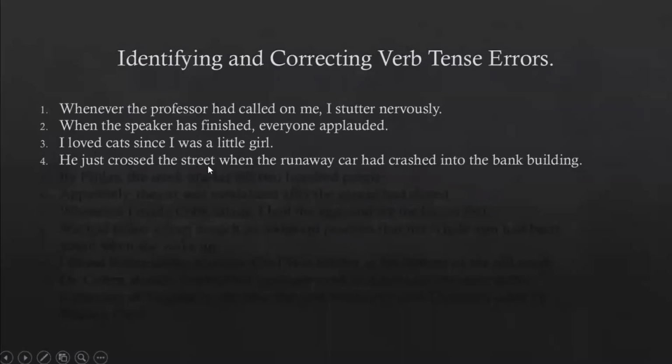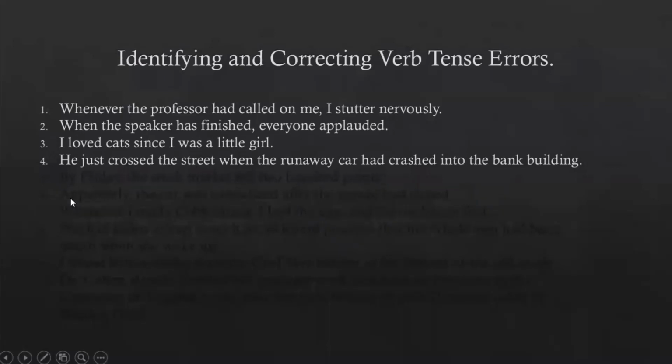Did the crossing of the street happen first, or did the crashing into the building happen first? In this case, it's the crossing of the street. He crossed the street, then the car crashed into the bank building. So this has been marked as a past perfect, and it's the wrong one. It should be, he had just crossed the street when the runaway car crashed into the bank building.